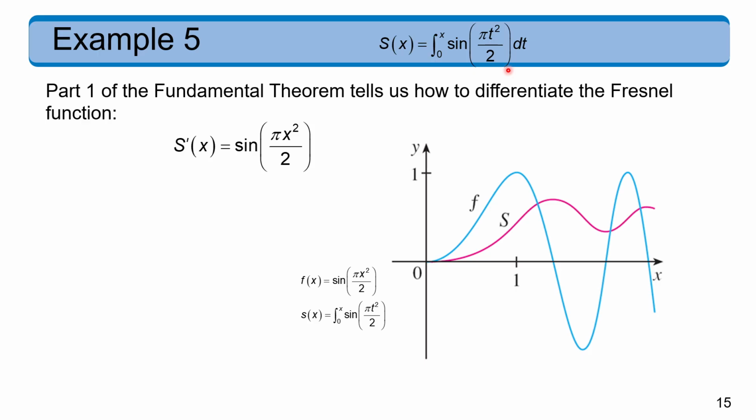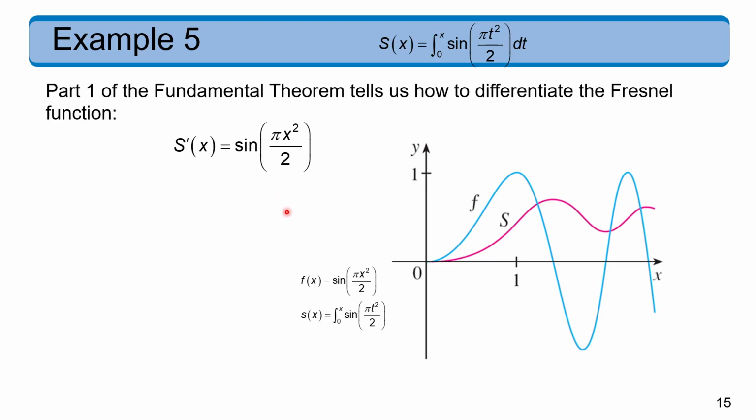But we need to remember that we replace the variable of integration, which is t, with the variable here, which should also match the right endpoint. So we get sine of pi x squared over 2 for the derivative of that function.